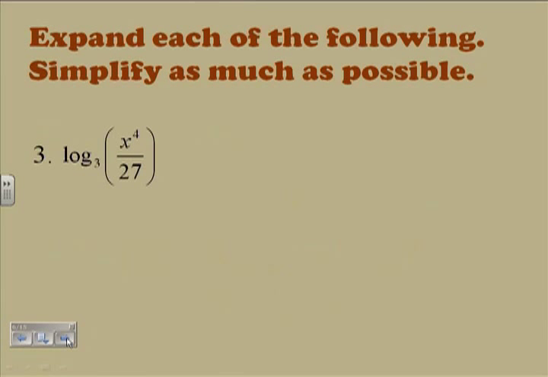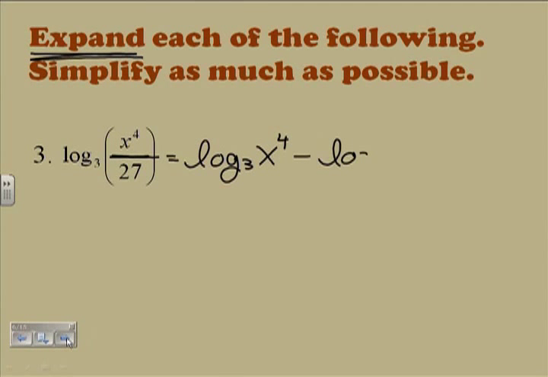Log base 3 of x to the 4th over 27. And when I see this, and my directions are still to expand it, I see a big division. So I say, oh, division, that means I subtract my exponents. So this is going to be log base 3 of x to the 4th minus log base 3 of 27.